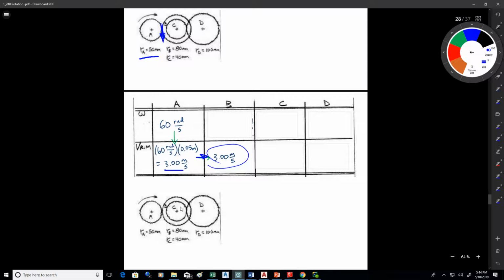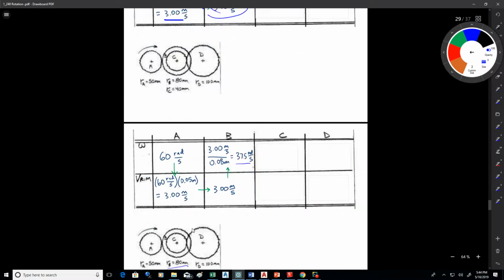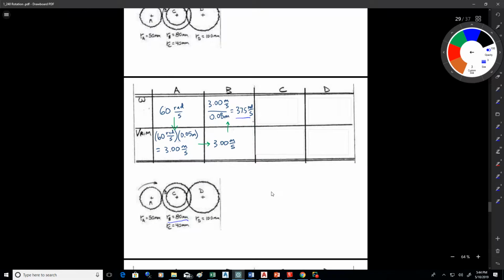Now I know the speed of the rim of B and I know its radius, so I can take that v is R omega formula, or omega R, and divide both sides by R, and then omega is v over R. Using that formula I can find the angular speed of B. It's the rim speed, 3 meters per second, divided by the radius of B, 0.08 meters, so that's 37.5 radians per second.